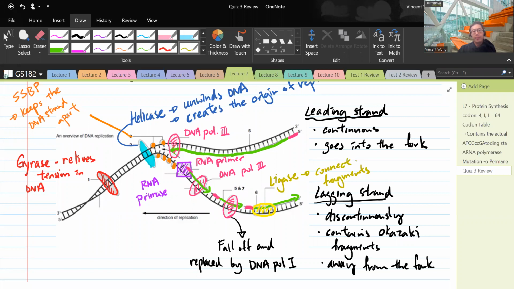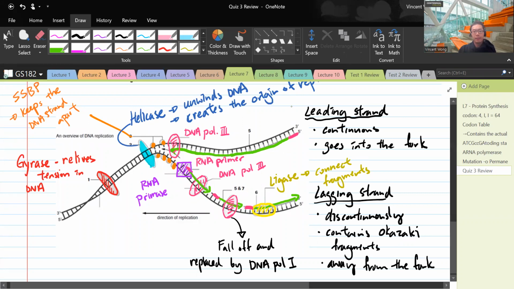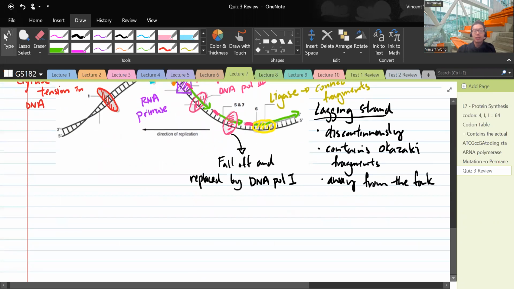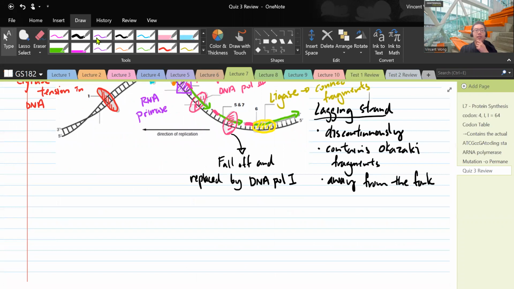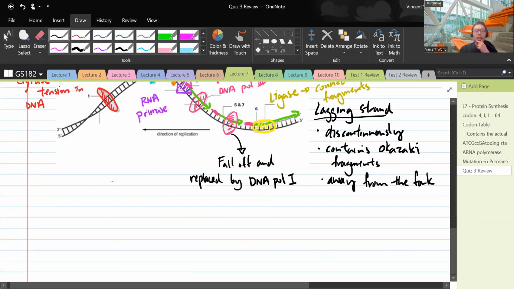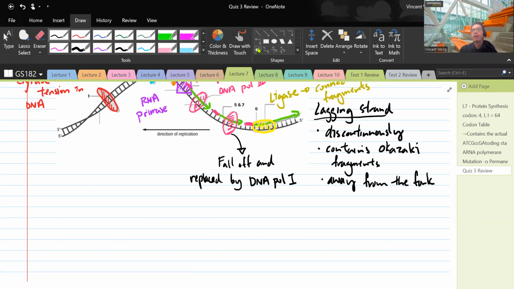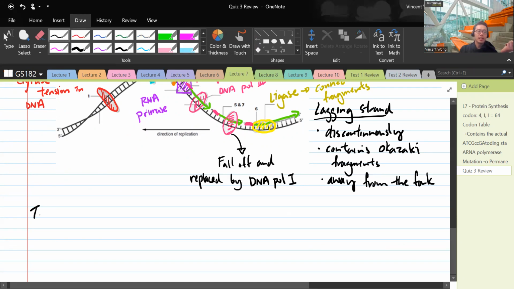Now we talk about the fact that if this is the end of a DNA, for example, right, then there is nothing coming from upstream to replace the primer, right? That's why every time you do DNA replication, you're gonna end up losing a little chunk at the end of your DNA, right? And to prevent the loss of critical DNA information, we need to have telomeres, right?